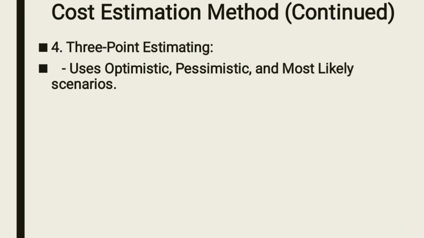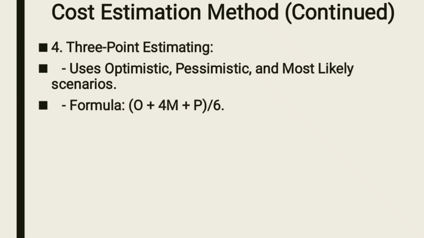On pessimistic, you are saying, if things are hard in my project, how much can I spend? On most likely, you are using a normal scenario where there is a mixture of good and bad things. You are saying, if there are normal conditions, how much will my budget be?